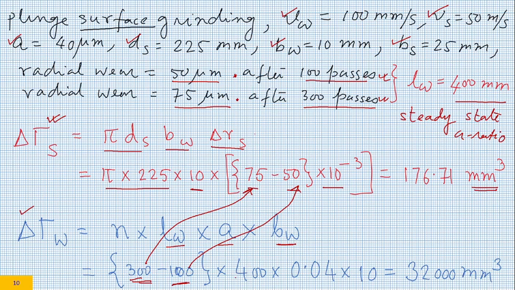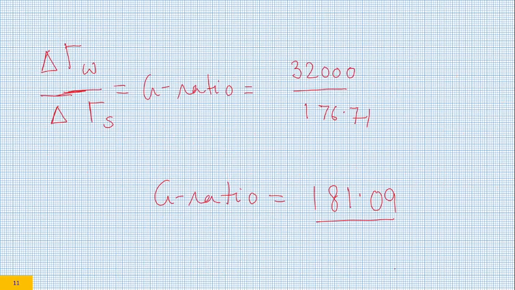So 300 minus 100, LW is 400, downfeed per pass is 40 micron, which has been converted into millimeter, and width of the job is 10. Then it becomes 32,000. And your steady state G ratio becomes 32,000 divided by 176.71, and you have a number which is roughly 181. So this is your grinding ratio.